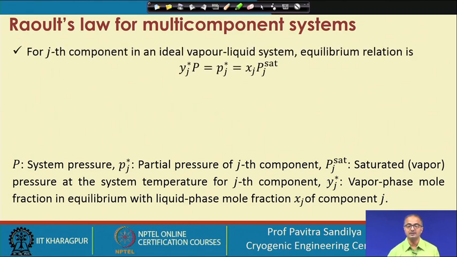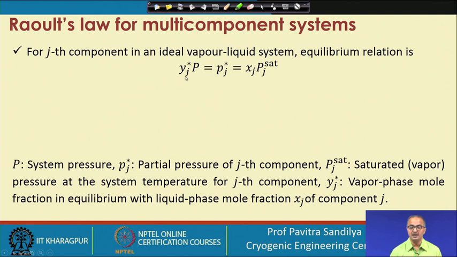So, let us start with the equilibrium relationship for the jth component considering an ideal vapor and liquid system. As we learned earlier, we have the activity coefficient and the fugacity coefficient for non-ideal mixtures. If we keep the values of these two coefficients as unity, we shall get this particular equation.